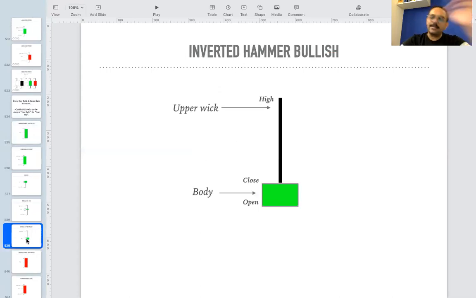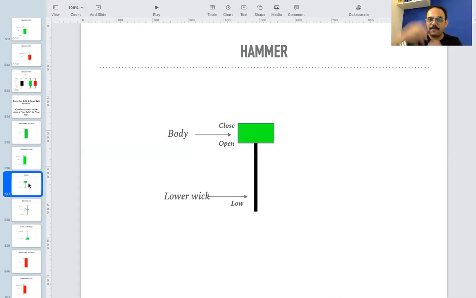This is called an inverted hammer, where it opened, it went up high, then bears hammered the bulls, it went down and closed near the bottom. So an inverted hammer means the bears were very aggressive in bringing down the market. When you see the other kind of hammer, that means bulls were aggressive in pulling back the market.